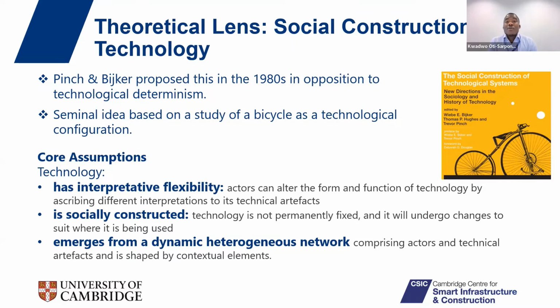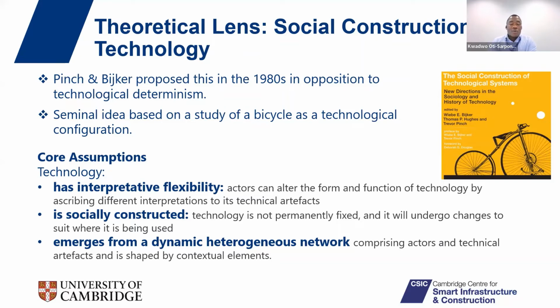When some social scientists were a bit fed up with technological deterministic views and also technological optimism bias. This seminal idea was based on the study of a bicycle as a technological configuration.